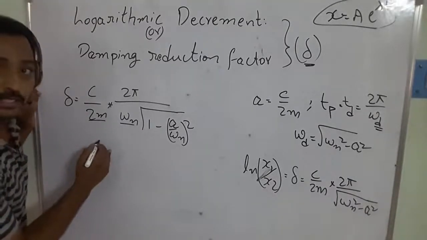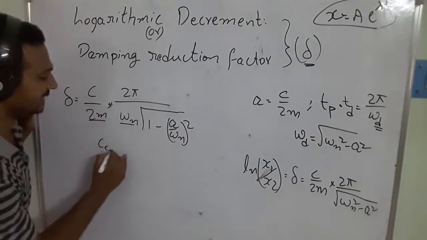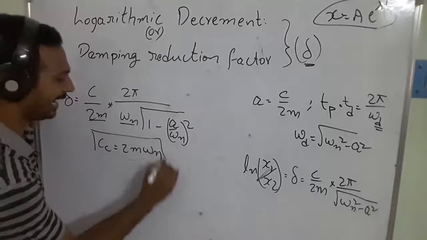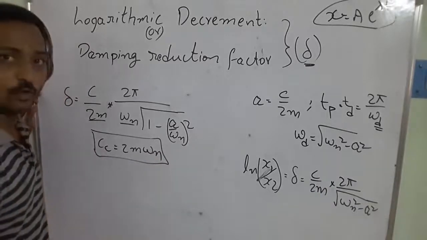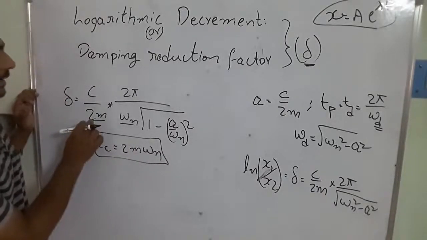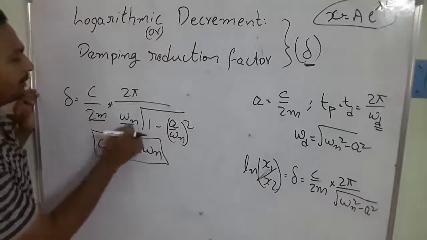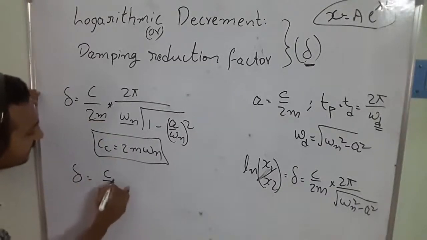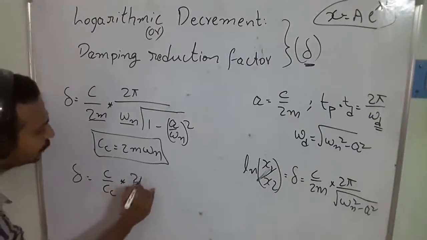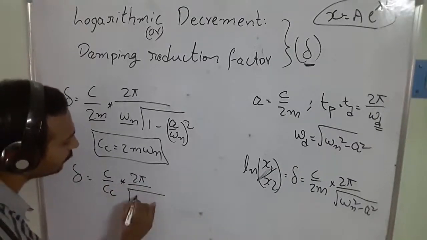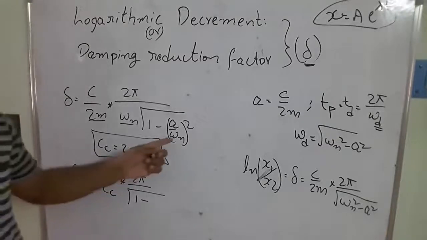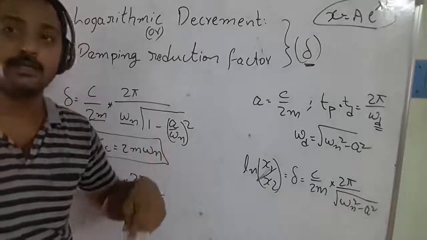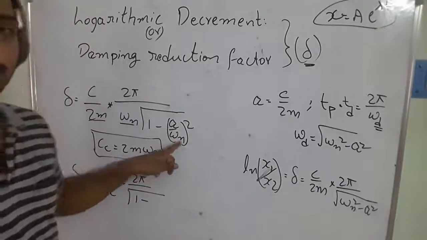As we know, the critical damping coefficient Cc is equal to, what is the formula? 2m omega n. This we have derived at the time of the critical damping coefficient. So if I am going to be substituting here, I am going to be getting 2m omega n, that is going to be delta is equal to c by Cc into 2 pi times the square root of 1 minus, what is the formula we are getting here? a by omega n, where a is equal to c by 2m and omega n is equal to the square root of k by m.